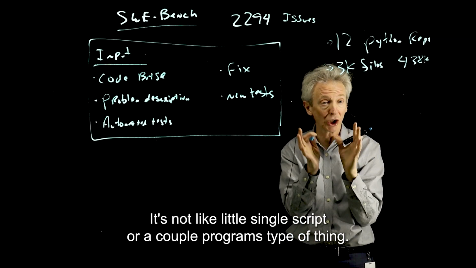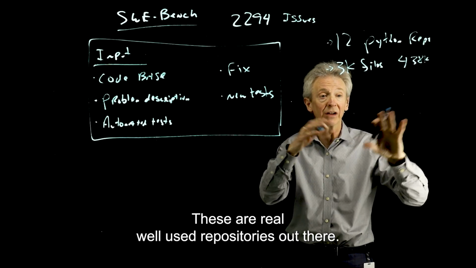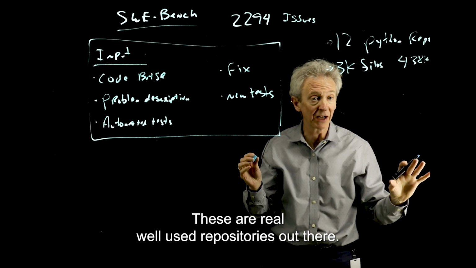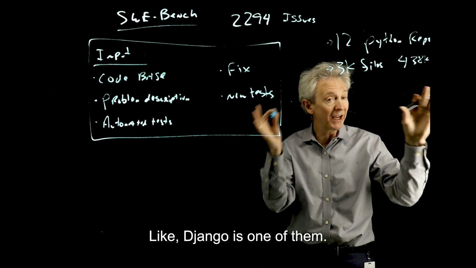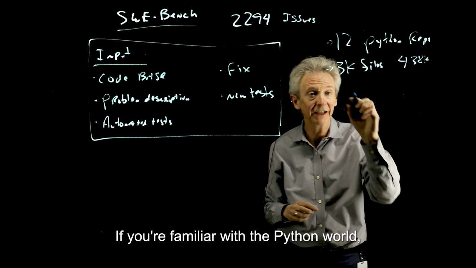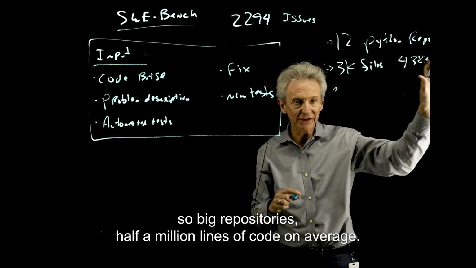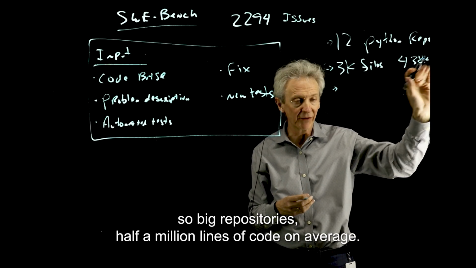It's not like a little single script or a couple programs type of thing. These are real, well-used repositories out there, like Django is one of them. Flask is one of them, if you're familiar with the Python world. So big repositories, 500,000 lines of code on average.